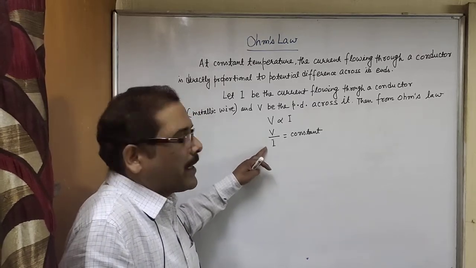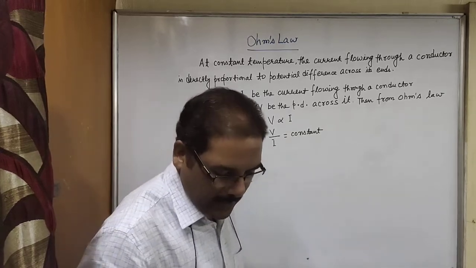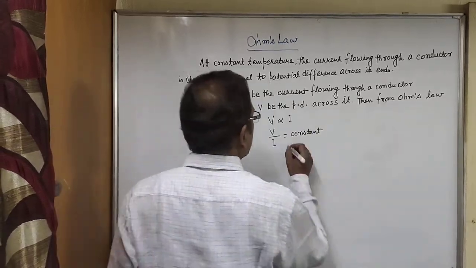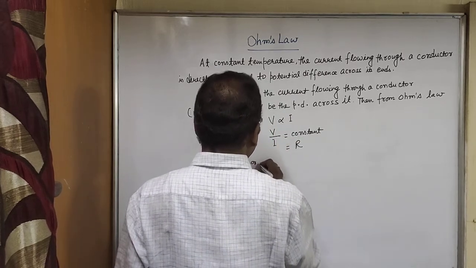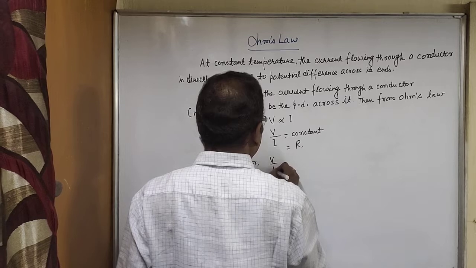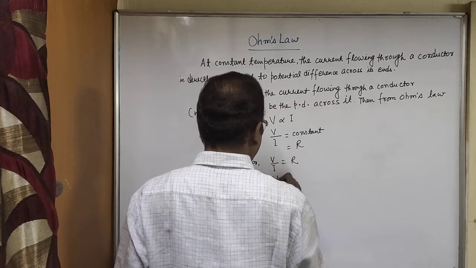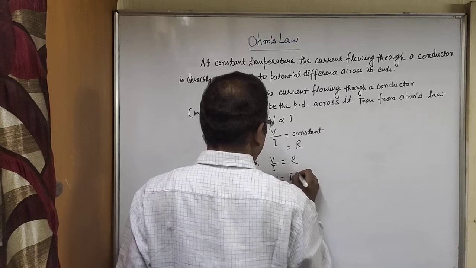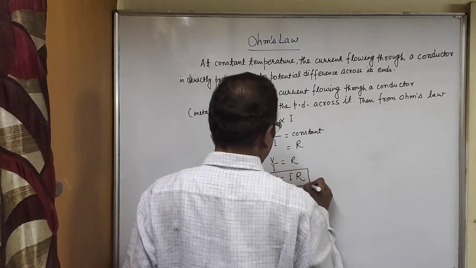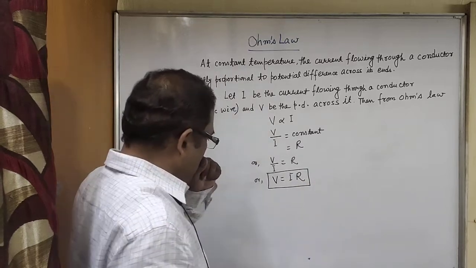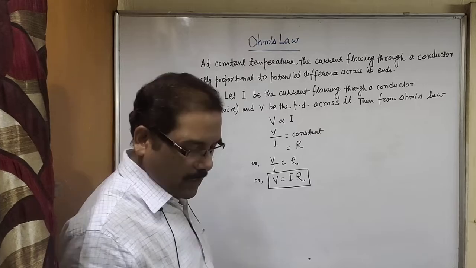So the ratio of potential difference and current is a constant quantity, and this constant we are writing as R, or we can write V by I is equal to R, or V is equal to IR, where R is a constant.